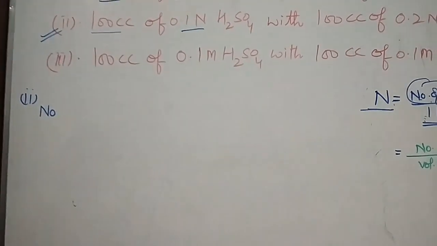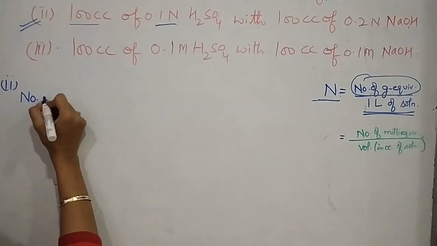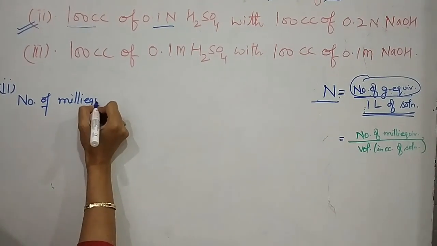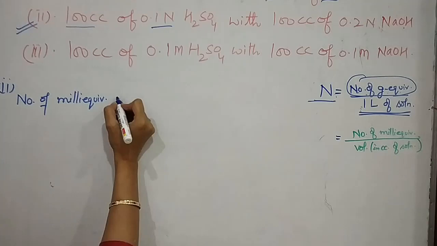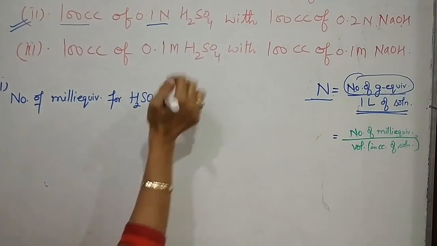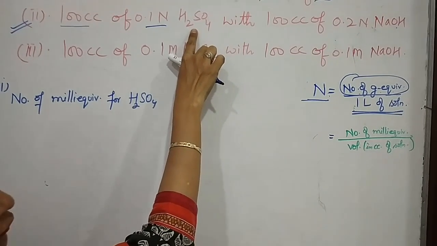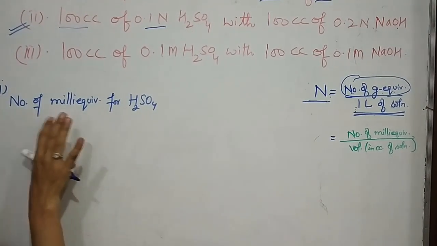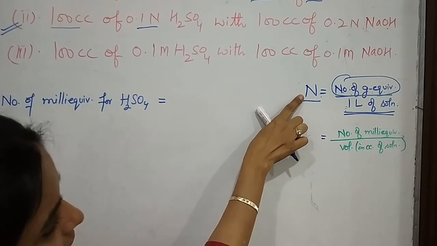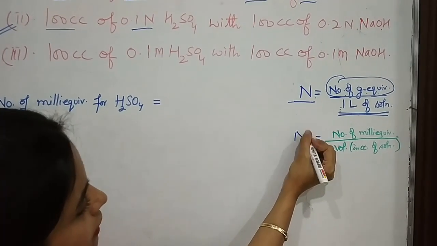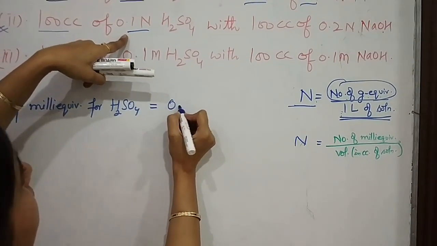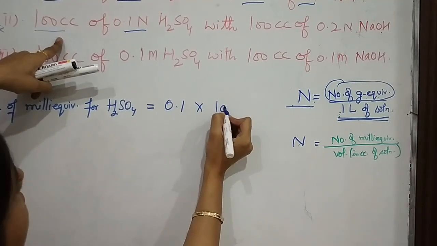So number of milli equivalents for H2SO4, because here we have acid, sulfuric acid, and base NaOH. Number of milli equivalents for H2SO4 is equal to normality into volume. Normality is 0.1 into volume is 100 cc.